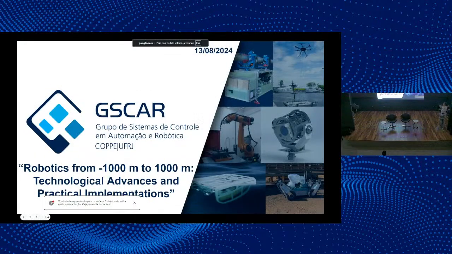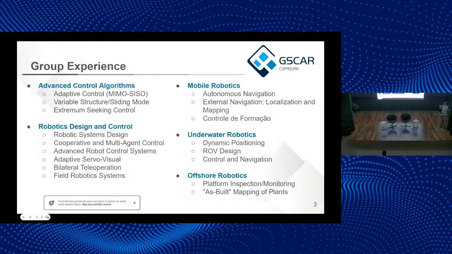So these are the professors, and this is the expertise of the group I'm talking about. We are working with robotics, advancing algorithms for control of robots, in particular a structure named high gain controllers, and underwater robotics, offshore robotics, and mobile robots.